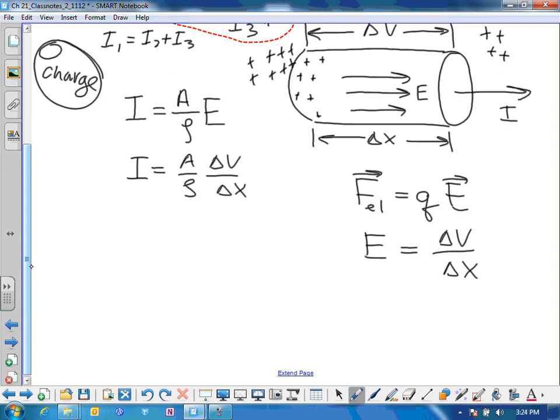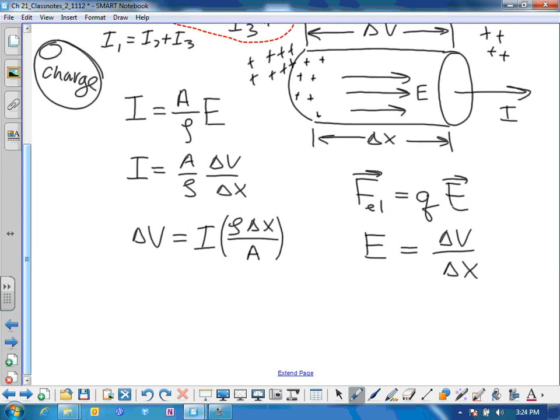In terms of the potential, then, we can say the voltage across the circuit element is, let's see, proportional to the current times the resistivity times the length of the element, or the length of the wire segment, divided by the area.